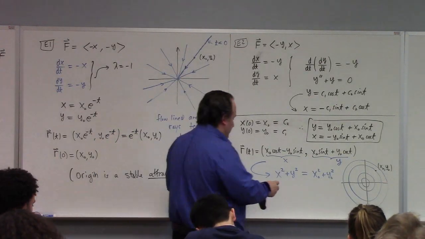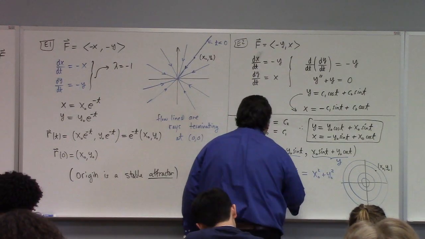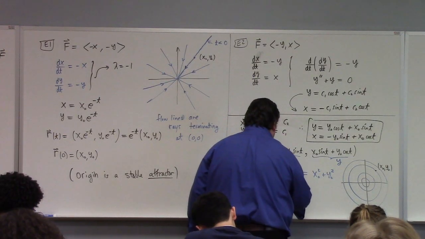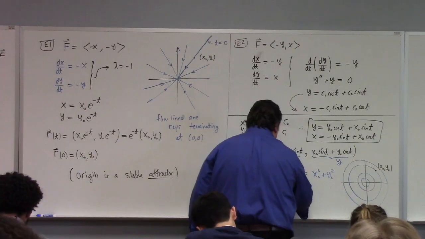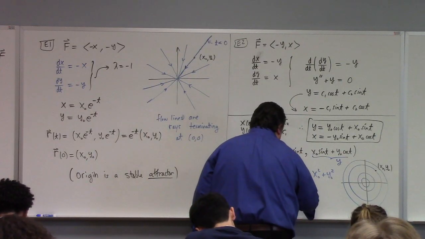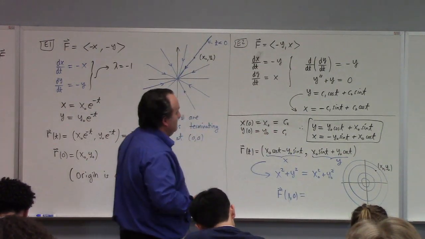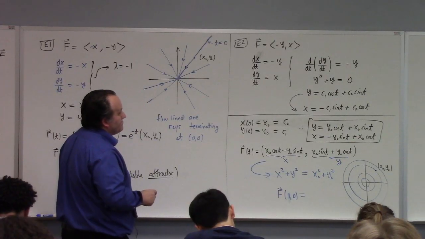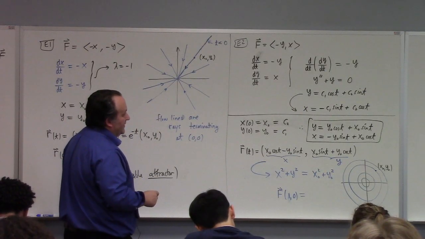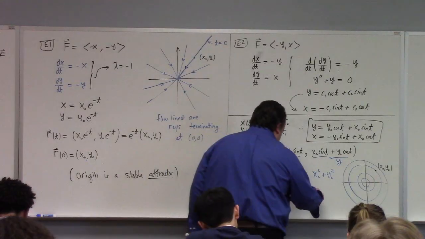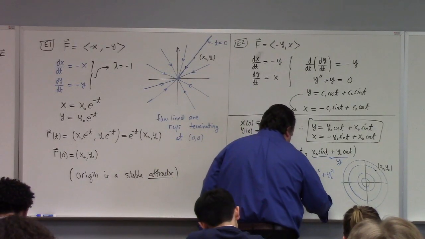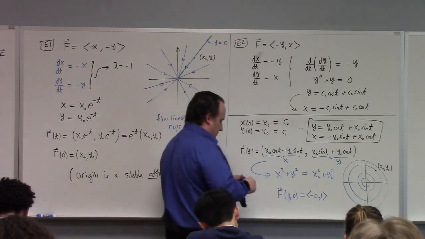Check out what happens when I plug in f of 0, 1. My bad, f of 1, 0. That's what I want to check. I get minus 0, comma 1.